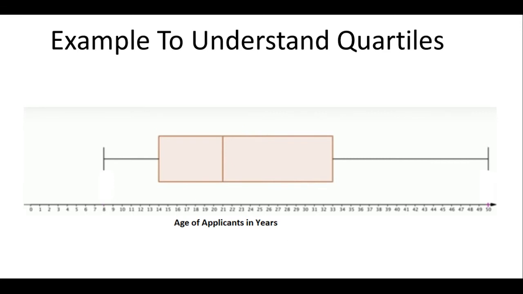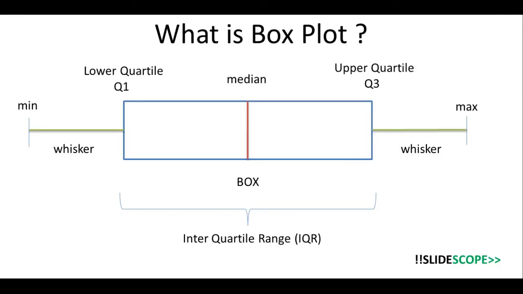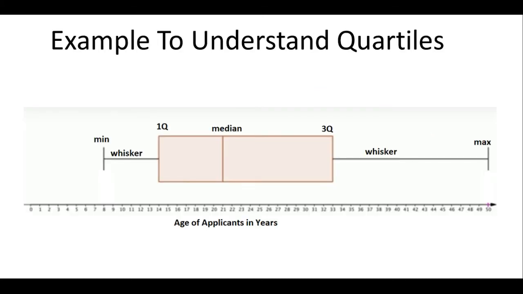Now in a standard case, you can see that the quartiles have equal lengths: the length of this, this, this, and this. So there are 4 equal values, but in this case you can see that the values are not equal, right? The value of this whisker is smaller than the value of this whisker.